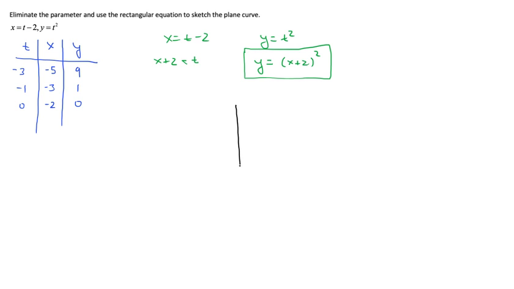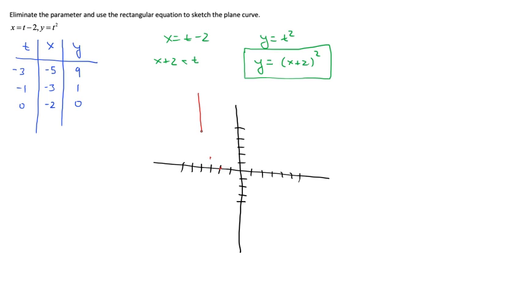Hey, wait a minute, that's a graph that I should know. This is a quadratic, or a second degree polynomial, and we know that quadratics always have a U shape. But in this case, it's a U that is shifted to the left 2 units. We can actually use a couple of these points to help.